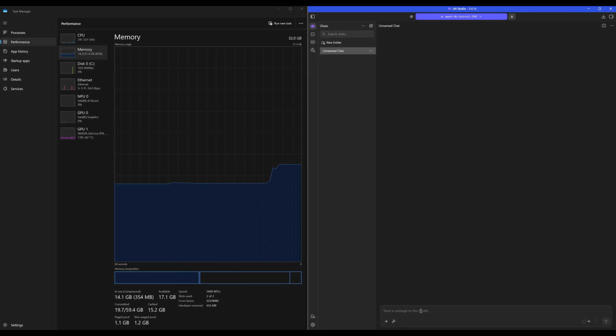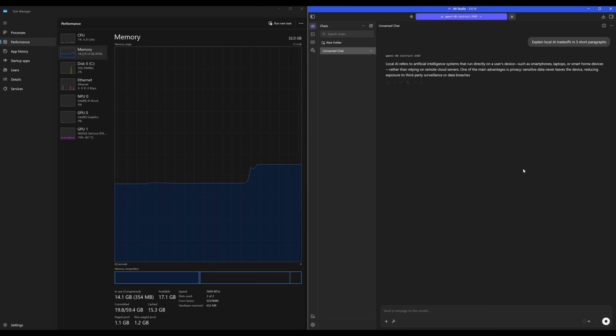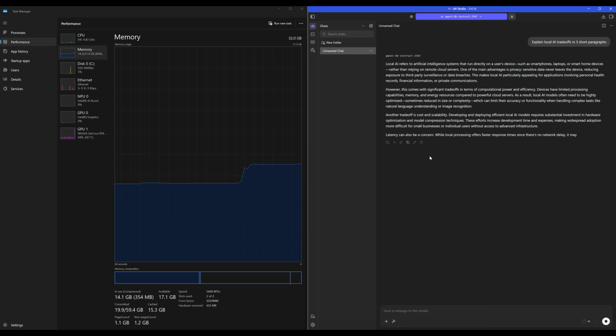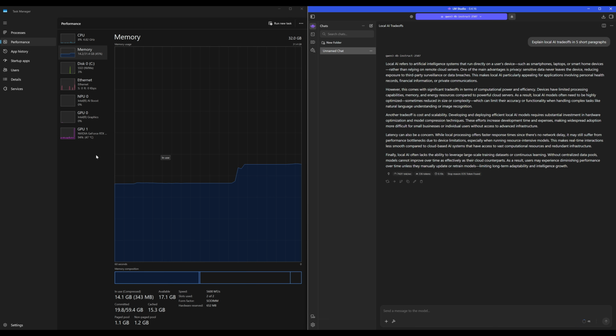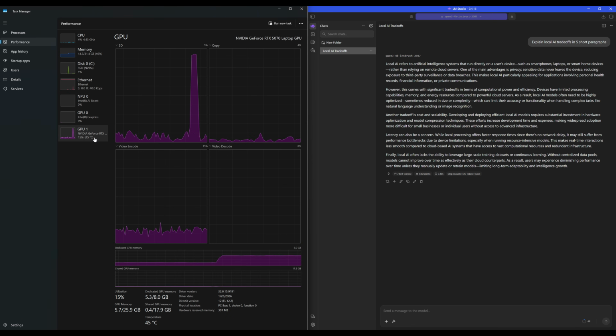And as always, let's run our typical test and see how fast it is. It's 74 tokens per second. Incredible, right? This is because we have a dedicated GPU. That's where the difference comes from on this test.